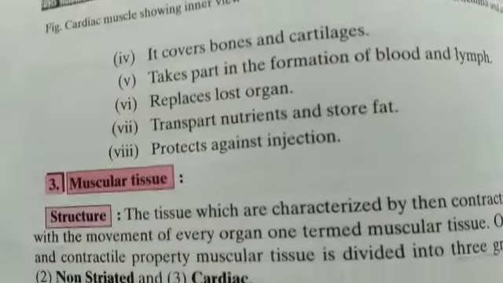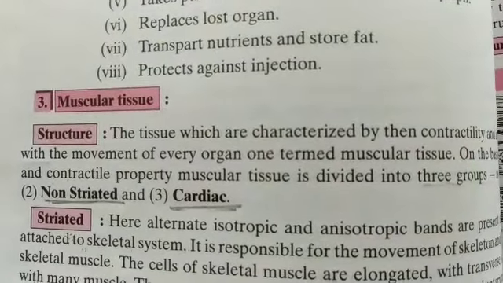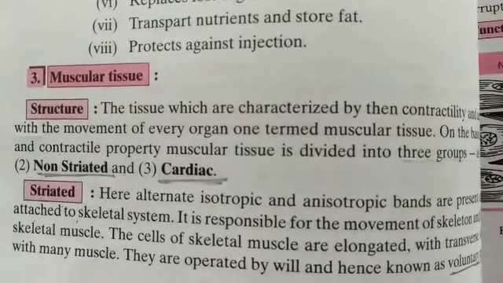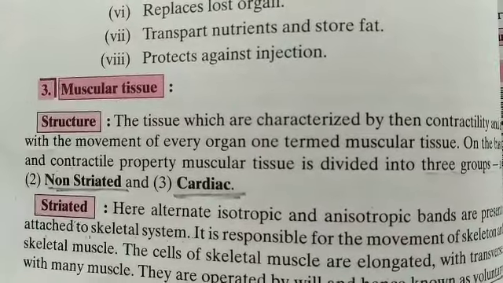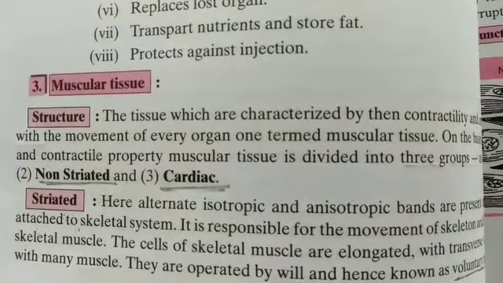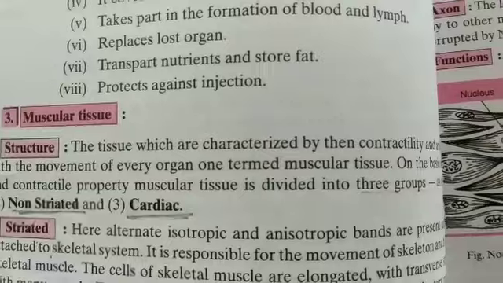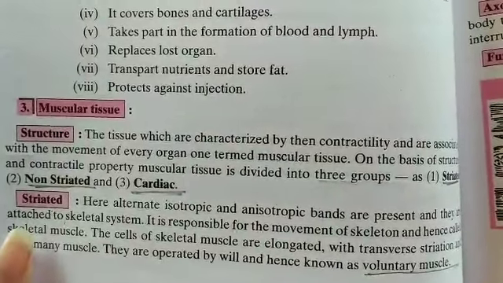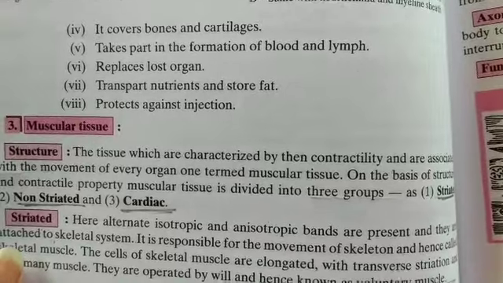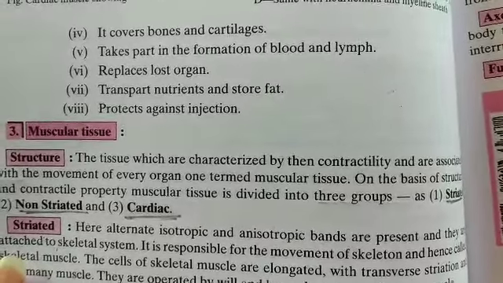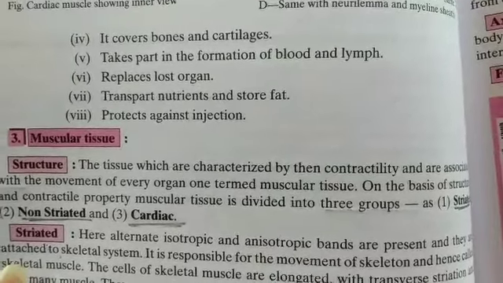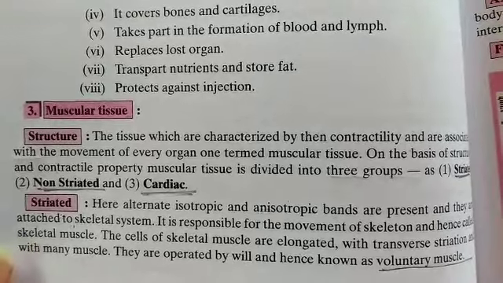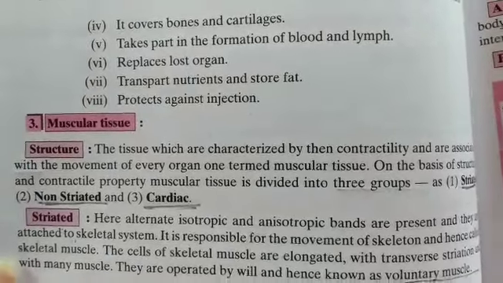Okay. Number 3, muscular tissue. From the name we can understand it is associated with muscles and characterized by contractility, and is associated with the movement of every organ, termed muscular tissue. There are 3 kinds of muscular tissues present: striated, non-striated, cardiac.